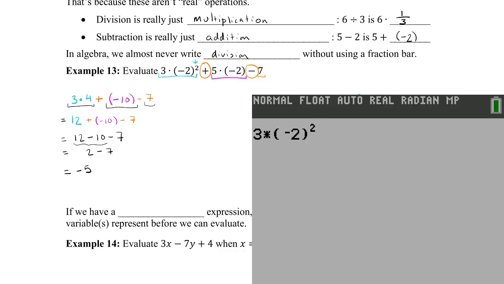When we're done typing the exponent, we hit the right arrow key to get out of the exponent. And then we can continue with the rest of the expression. So we can enter the whole thing just exactly the way that we see it, hit enter, and that gives us the same answer.